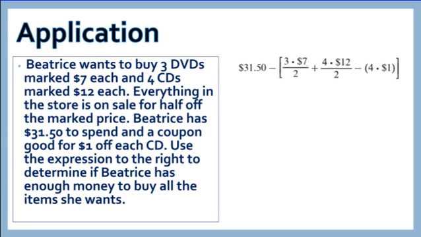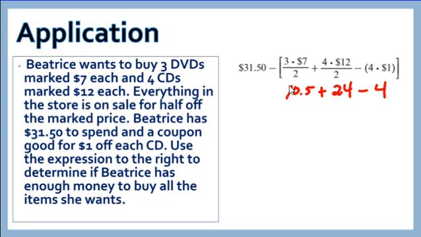We need to simplify the bracket first. 3 times 7 is 21. 21 divided by 2 is 10.5. Plus 4 times 12 is 48. 48 divided by 2 is 24. Minus 4 times 1 is 4.